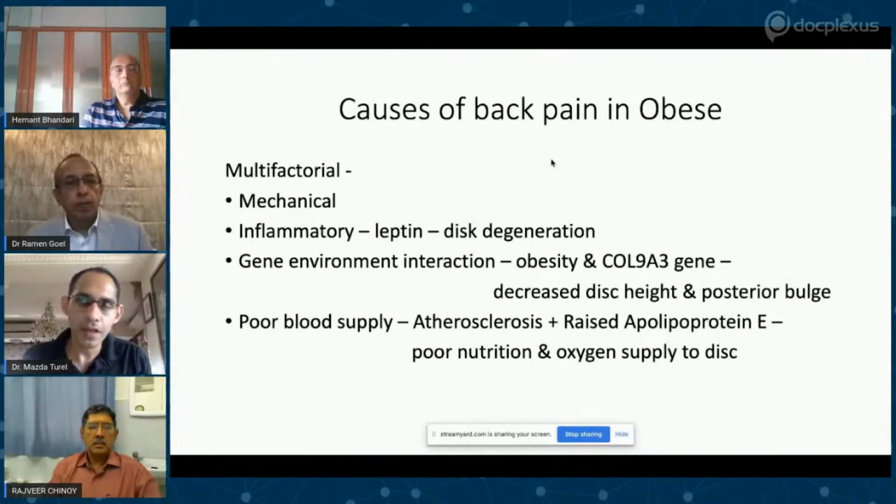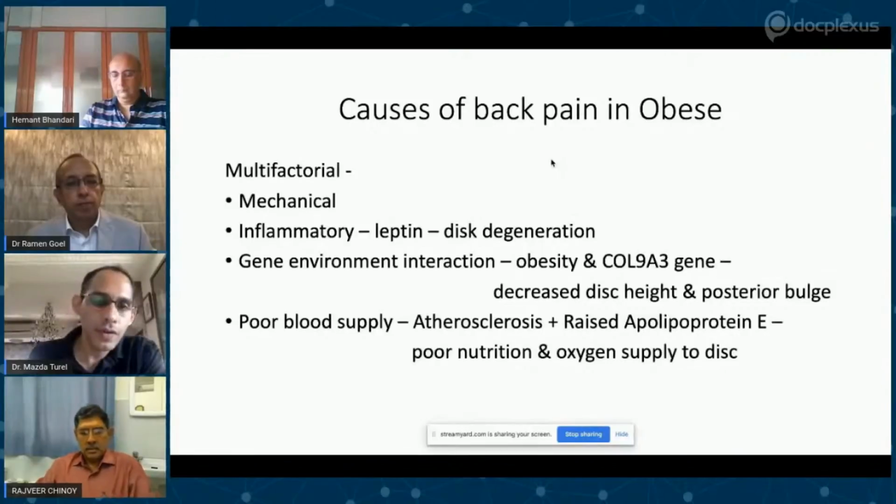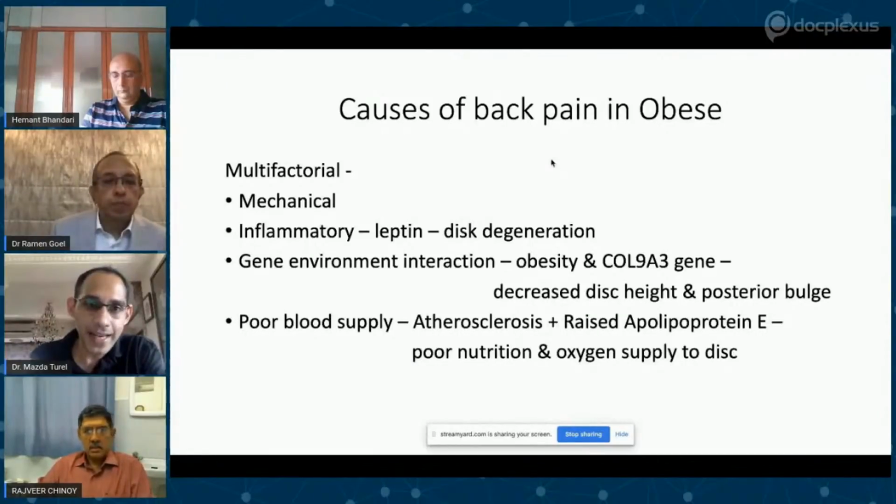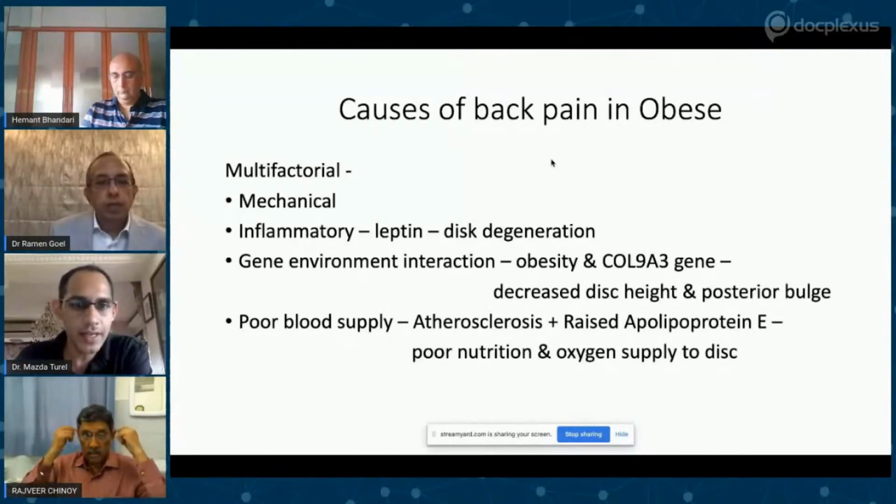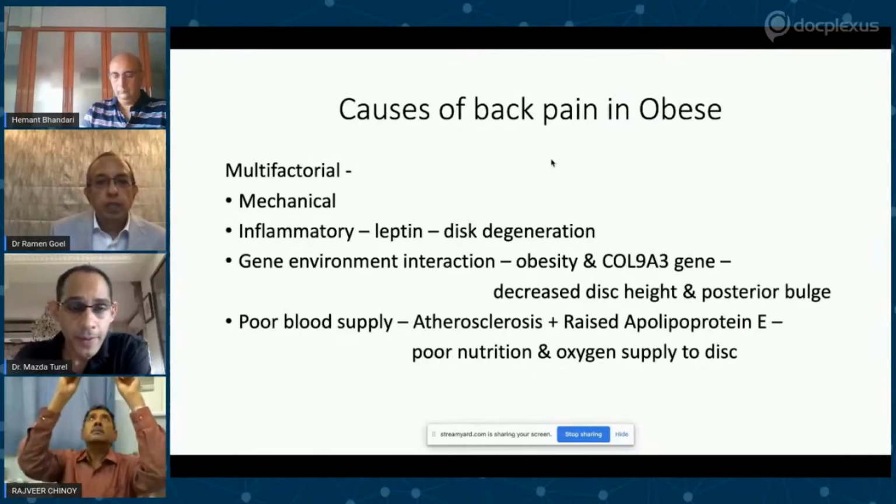Most of it arises not from nerve root compression, but from muscle damage, from muscle wasting, and from the bone and from the disc. So like the slide rightly says, it's multifactorial. A lot of it is mechanical, a lot of it is inflammatory, and of course, like everything else, there is a genetic basis to it.